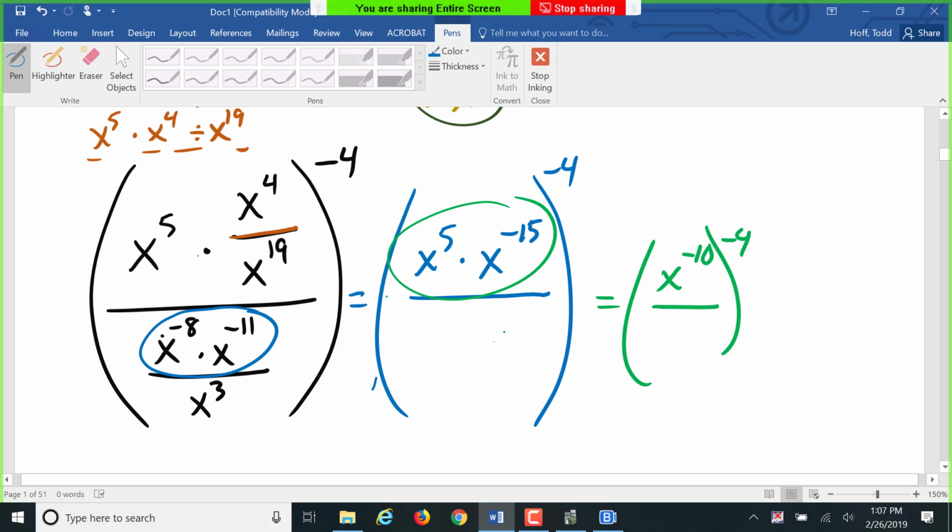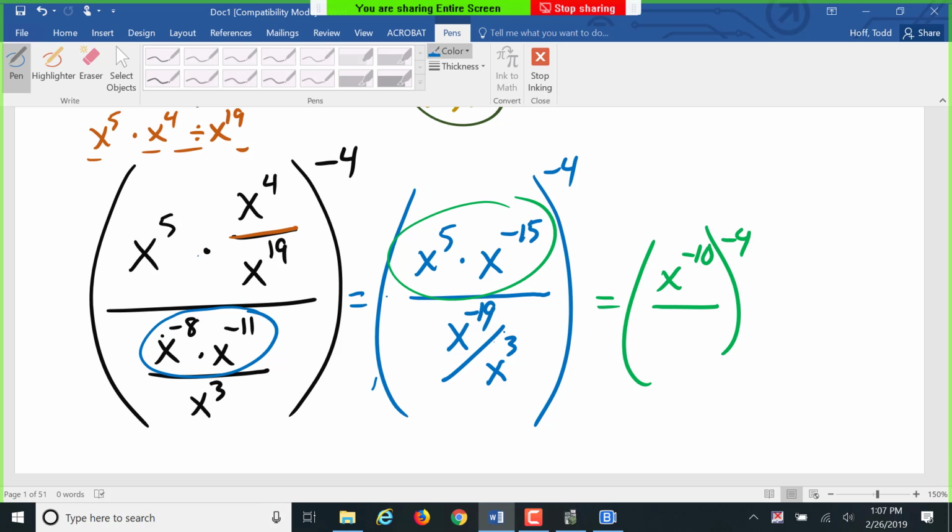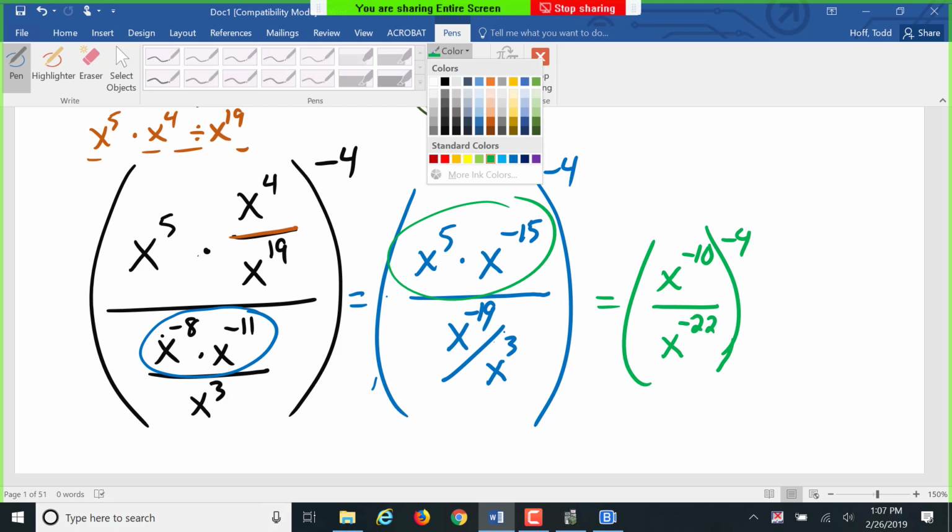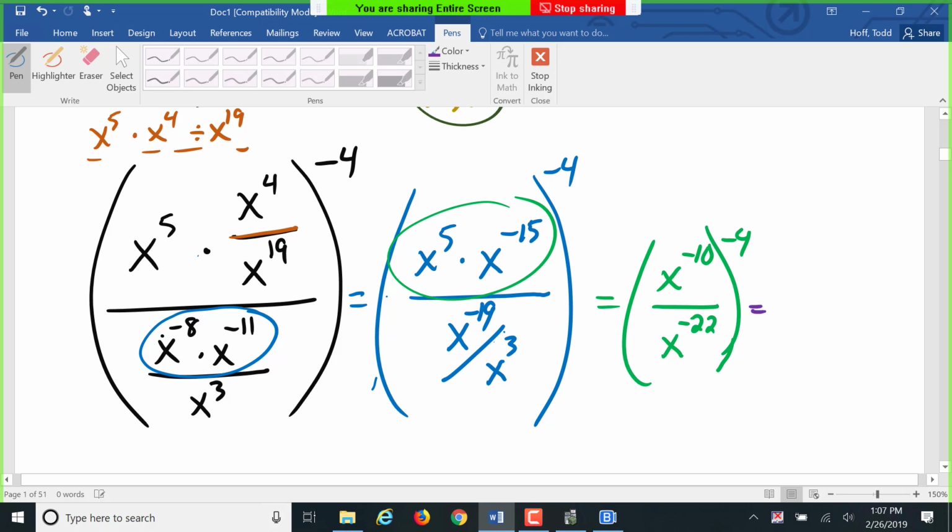X to the negative 8th times x to the negative 11th. X to the negative 19. And of course, that is still divided by x to the 3rd. Giving us? So negative 22. Perfect, negative 22.